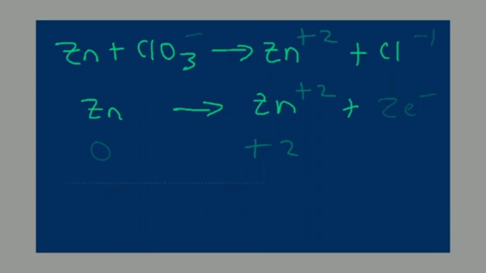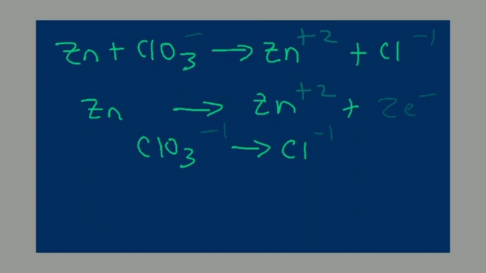Now let's move on to the next half reaction. We have chlorate on the left side and chloride on the right side. Before we can balance the charges, we need to balance the atoms. We have one chlorine atom on both sides, and we have 3 oxygen atoms on the left side.